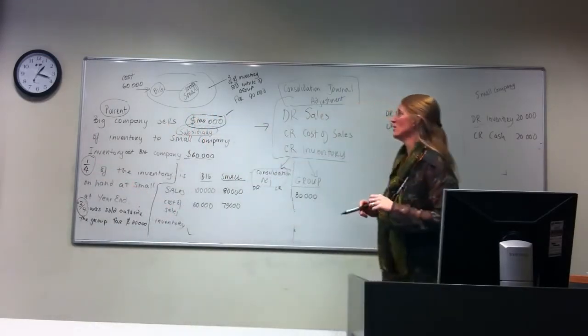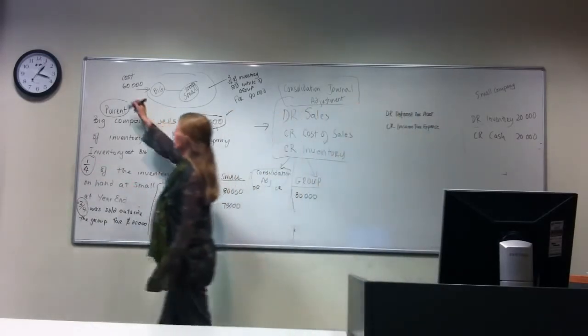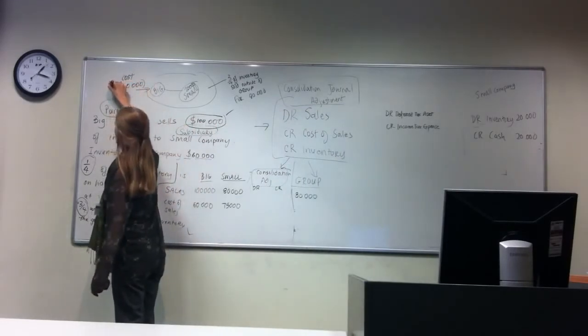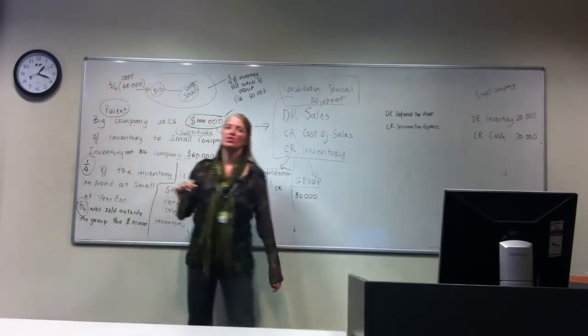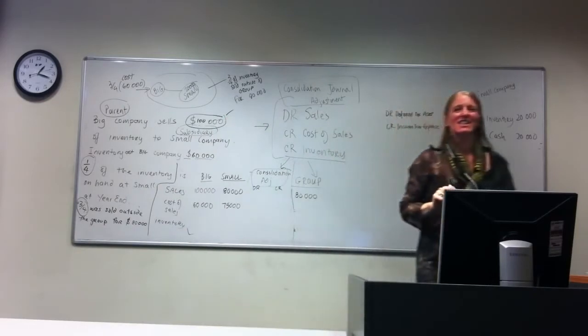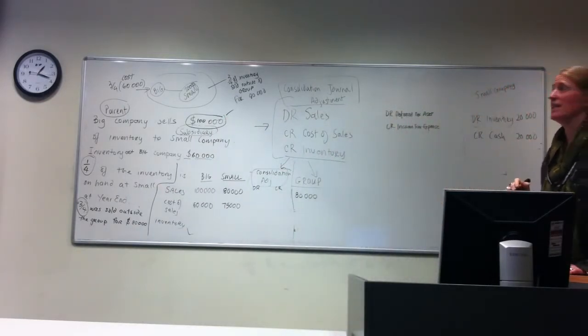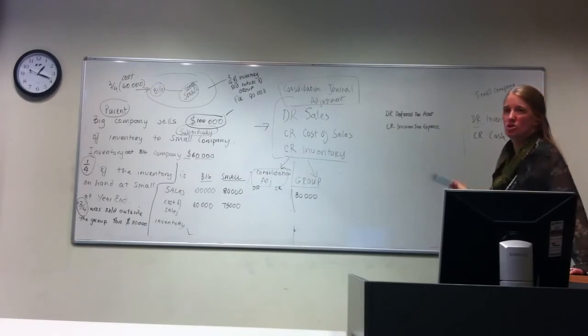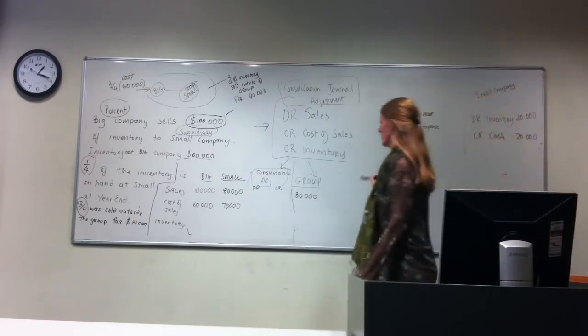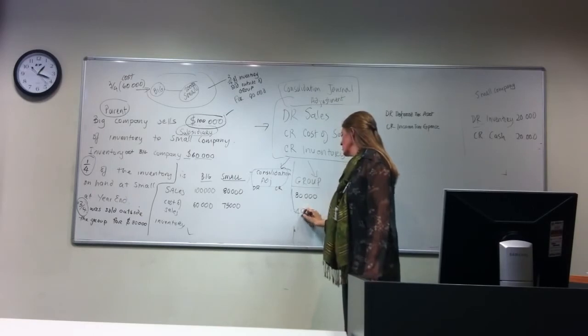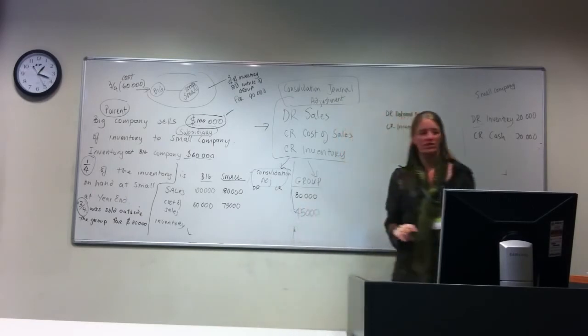So we go 3/4 multiplied by the original cost. The cost of that stock when it came into the group was 60. We've sold 3/4 of that, and you're quite right, therefore, the cost of sales for the group is 45.